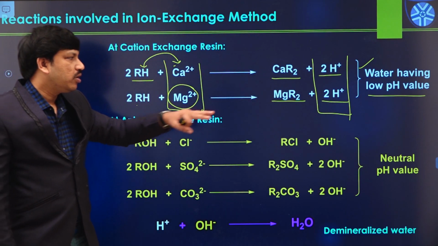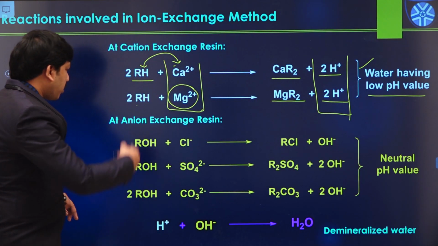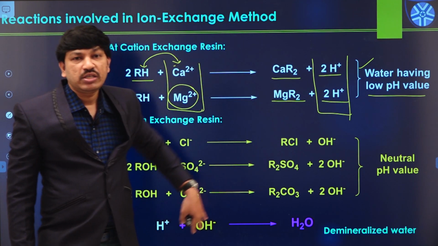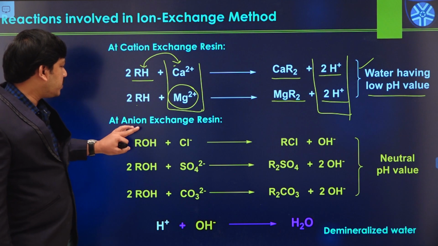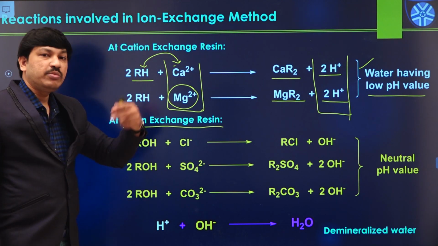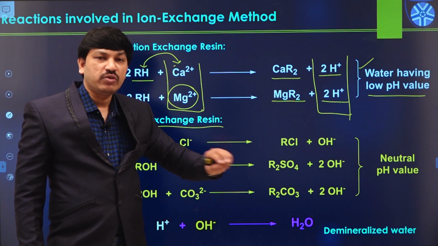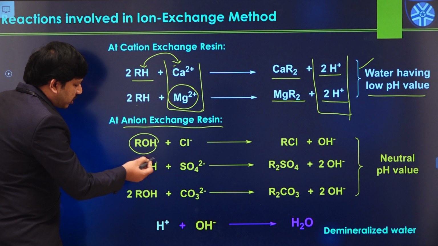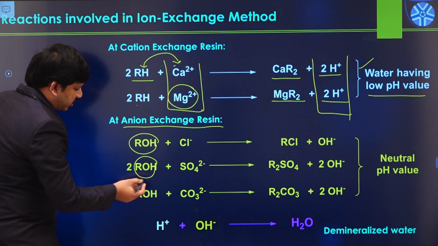Now, coming to the second step, the remaining water enters the second resin. What is the second resin? The anion exchange resin. Here all types of anions available in the solution are removed. This is the representation of the anion exchange resin.